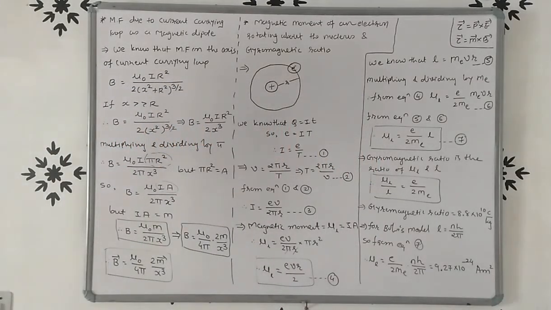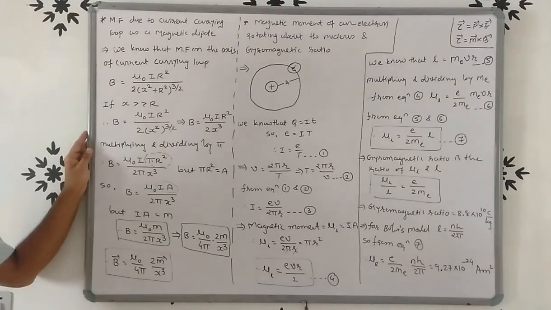Right? So this is about the magnetic field due to a current carrying loop as a magnetic dipole, and thereafter the formula of magnetic moment of an electron rotating about the nucleus and the gyromagnetic ratio.